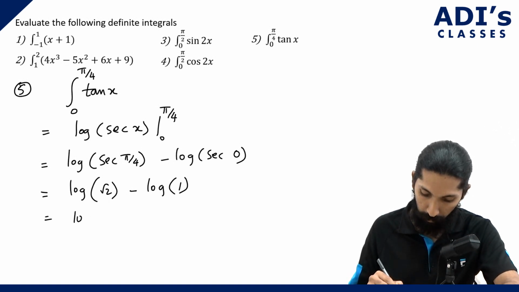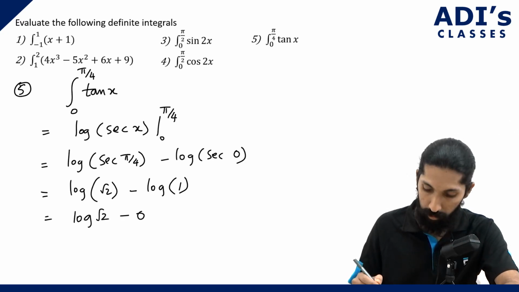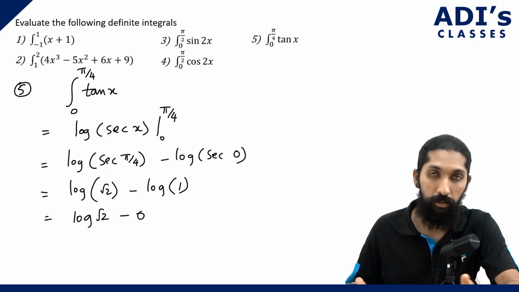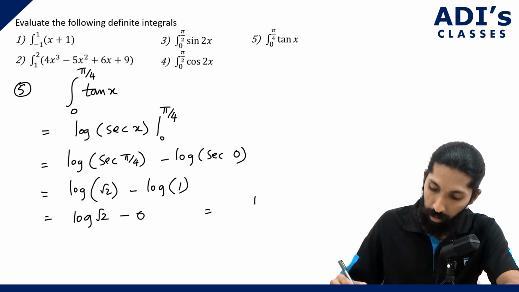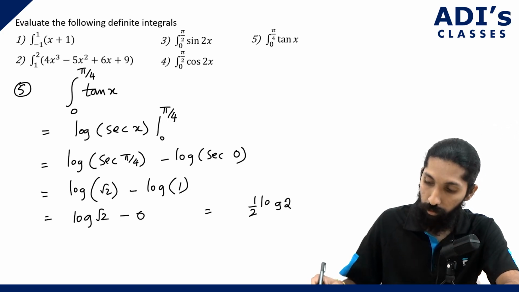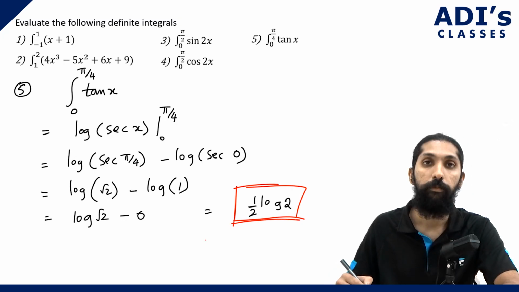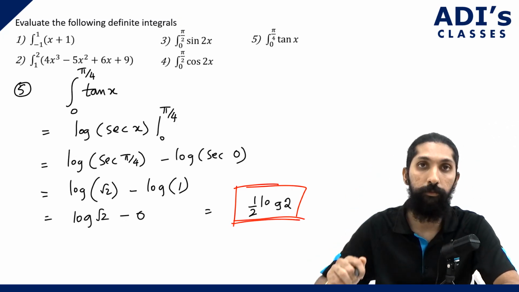So this is going to become log root 2 minus 0. Log 1 is 0, so forget about that part, because minus 0 makes no sense. Log of root 2, which you can write as half log 2. So the final answer is going to be half log 2. Clear? So this is the answer for the fifth question.